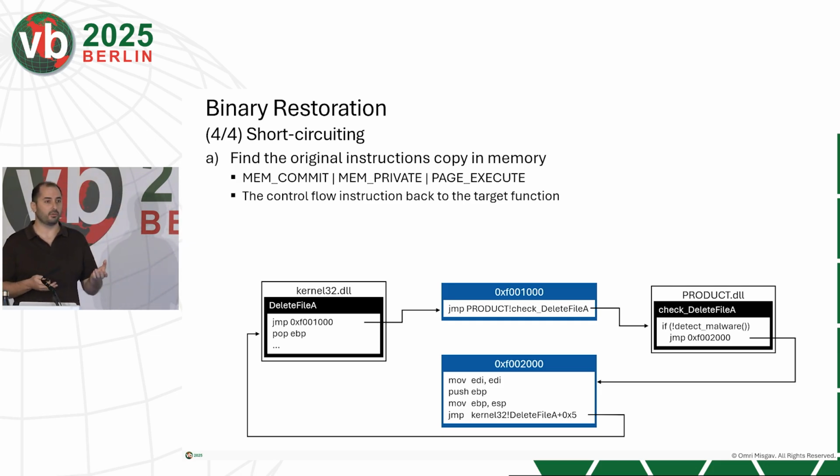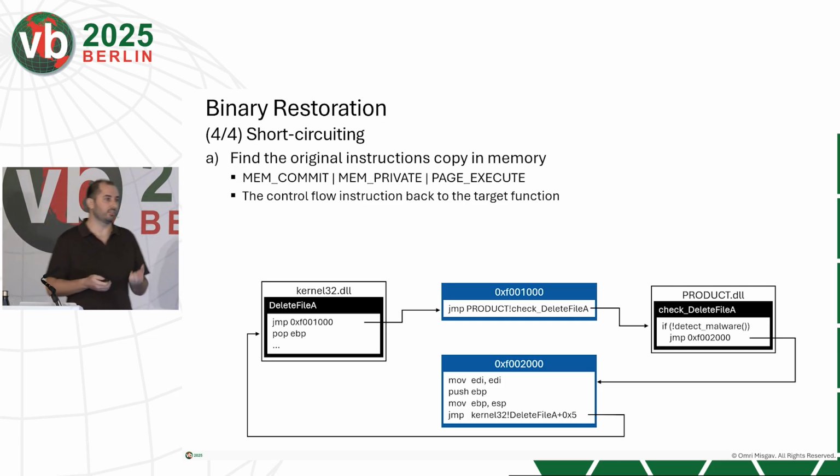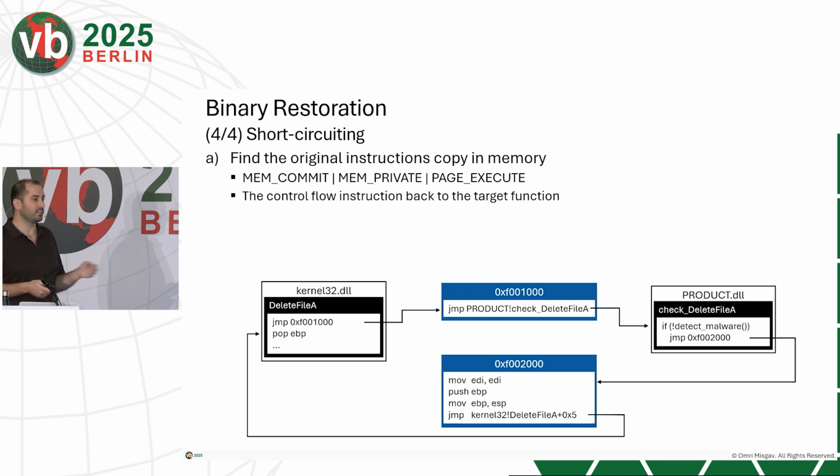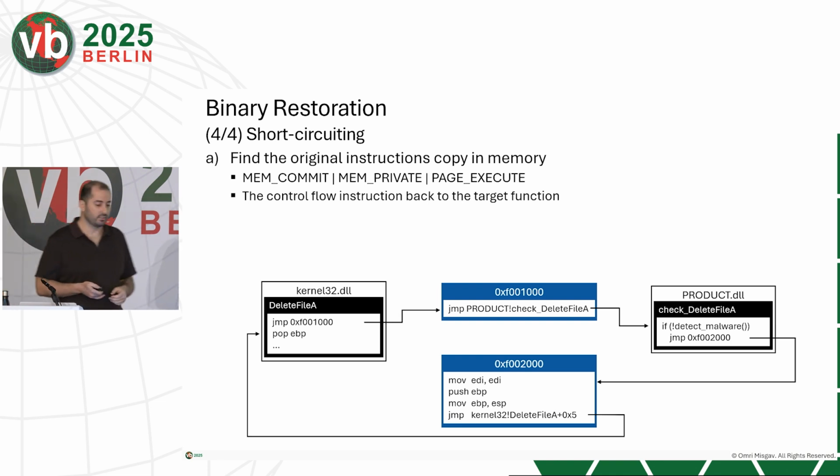Because if you think about it, the protection engine also needs the original instructions in order to operate correctly. So you can just scan the process address space for it, using specific memory attributes, and then look for the control flow instruction that leads back to the hook itself.